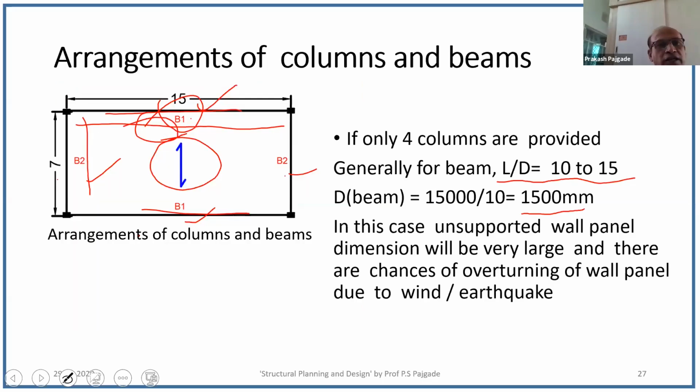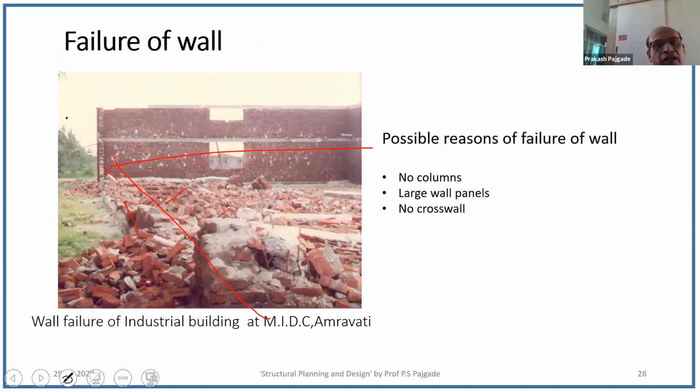If you provide only 4 columns, then the brick panel will be affected by wind or earthquake. Even for a small wind pressure of around 0.25 kilonewton per meter square, there will be problems, and that's why these panel dimensions are important.